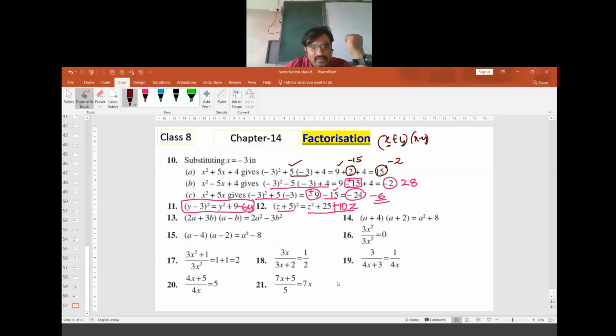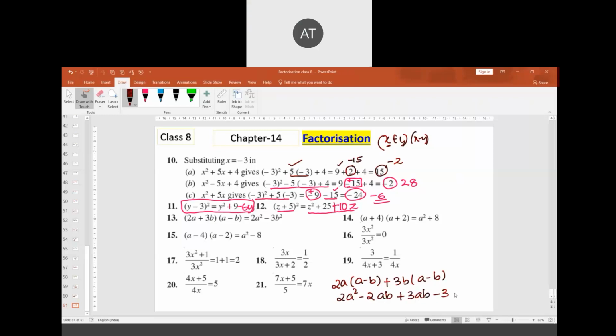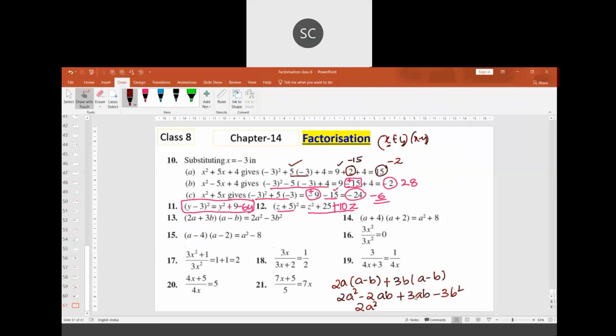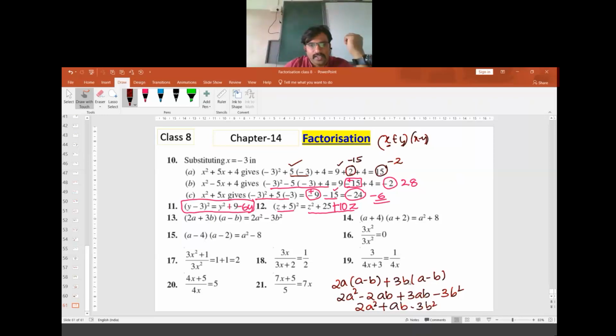So when we multiply this, we have to multiply 2a with a minus b, and plus 3b should be multiplied with a minus b. So 2a square minus 2ab plus 3ab minus 3b square. So we get 2a square, and this becomes only ab minus 3b square.